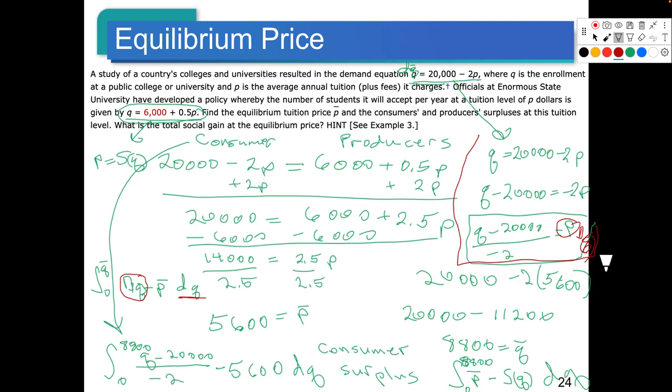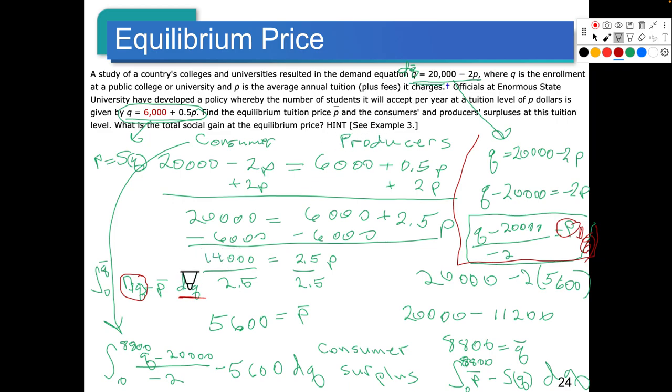But then when we go to get how much surplus, we need the function, sort of the inverse. We need P equals some function of Q. And then that's what we integrate. Is that making sense? Yeah.